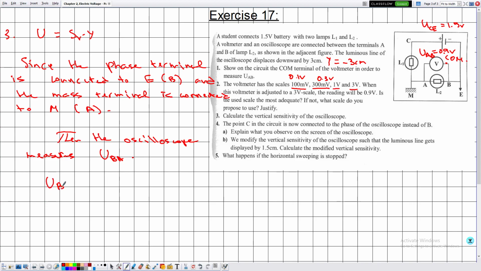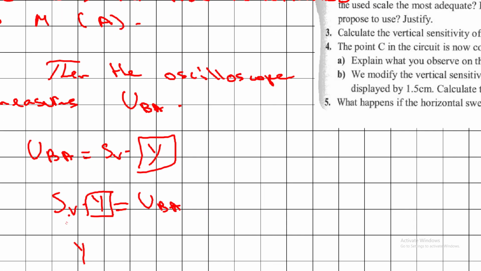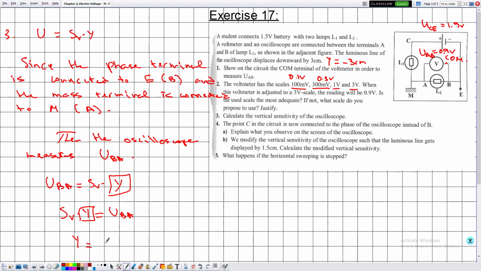So UBA is equal to SV multiplied by Y. Notice that here we only have one channel, no need to distinguish between channel number 1 and channel number 2. So we are simply interested in determining the value of Y. Sorry, we are interested in determining SV.